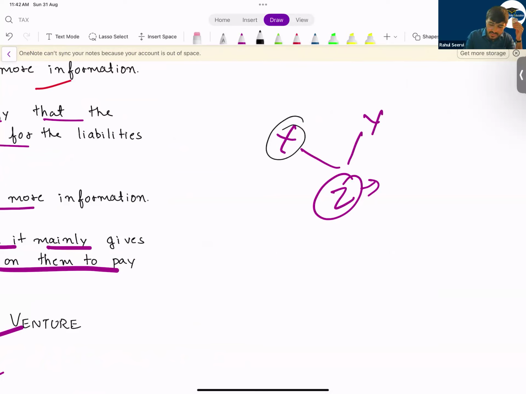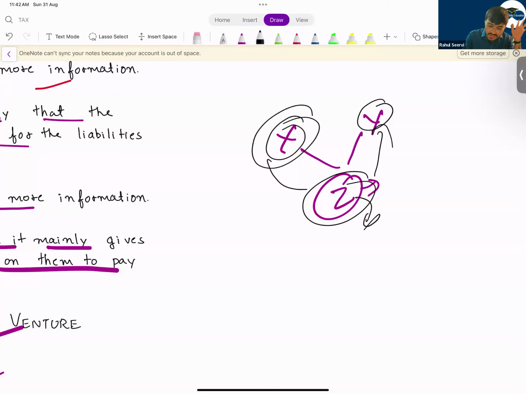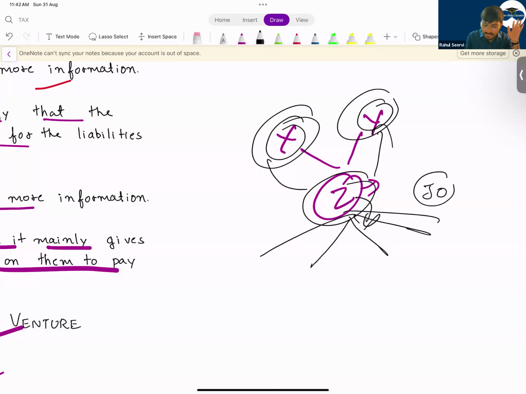If the output generated by Z is given to X and Y only, whatever company Z manufactures will be given to X and Y, and Z will be dependent on these two parties for cash and for the repayment of loans, then we say it is a joint operation, not a joint venture. If Z is supplying to other parties in the market also and getting payment from them, and Z is not dependent on these two parties, then we say it's a joint venture.